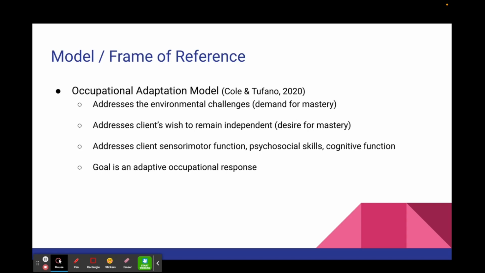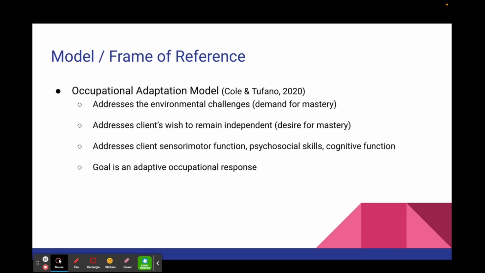The client's wish to remain independent is addressed as the desire for mastery, and the client's different sensory motor function, psychosocial skills, and cognitive function are all addressed as person factors. And then obviously the goal is to facilitate an adaptive occupational response and successful independent living.